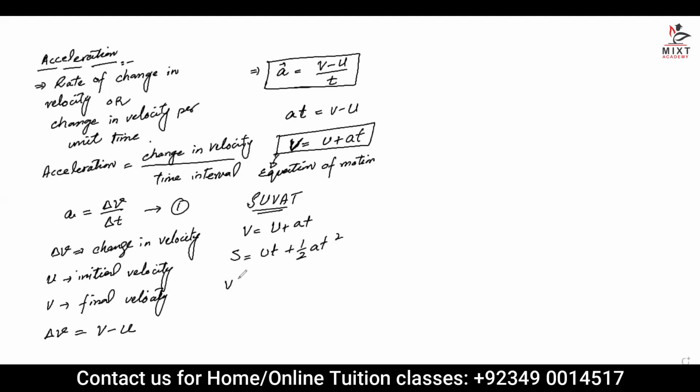Another equation is v square minus u square is equal to 2as. And another equation is average velocity is equal to v plus u divided by 2. These are the equations which are used for the equations of motion.